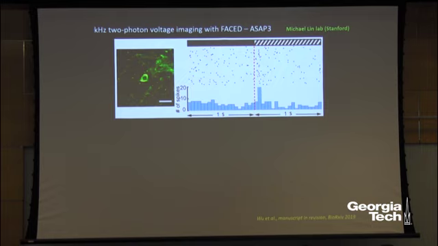This neuron is firing even in the dark, but about 80 milliseconds after the onset of the stimulus, you have an increase in the spike rate. This data set looks very similar to what people get with cell-attached electrophysiological recording in vivo, and it also has the right temporal response from the onset. So we're very happy about that.